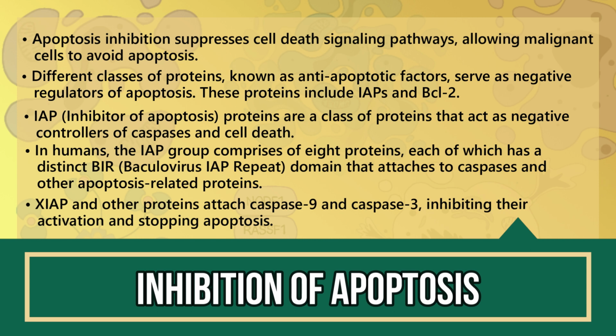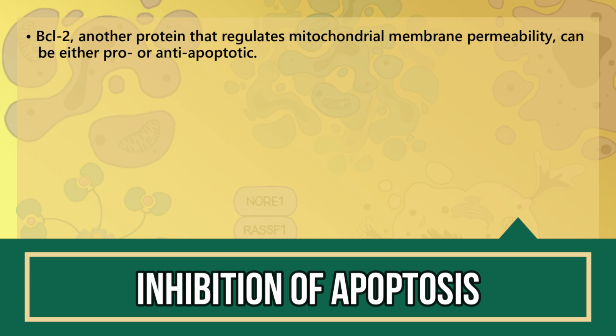XIAP and other proteins attach to caspase 9 and caspase 3, inhibiting their activation and stopping apoptosis. BCL2, another protein that regulates mitochondrial membrane permeability, can be either pro or anti-apoptotic.